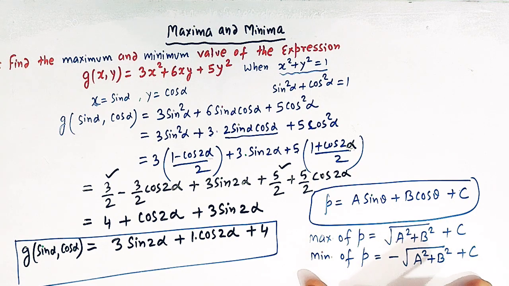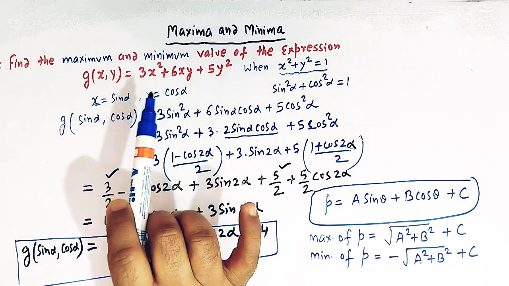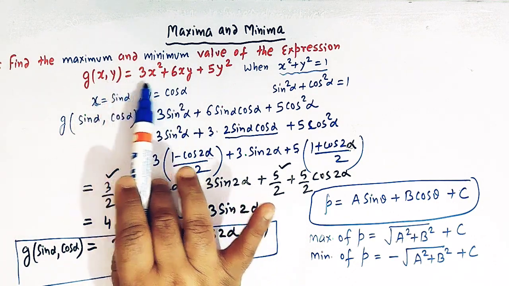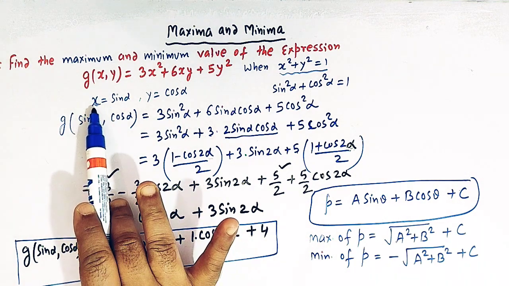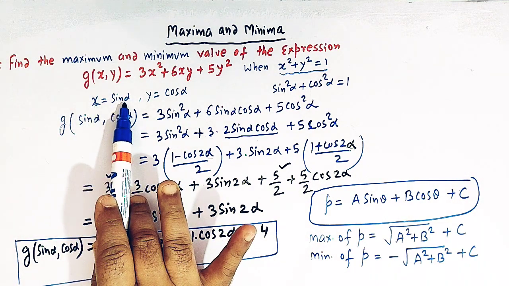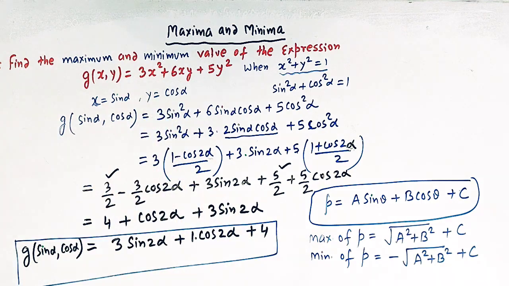So this is a well-known result in trigonometry, and here we have reduced this expression to this expression by making this substitution, that is x is equal to sine alpha and y is equal to cos alpha, right?